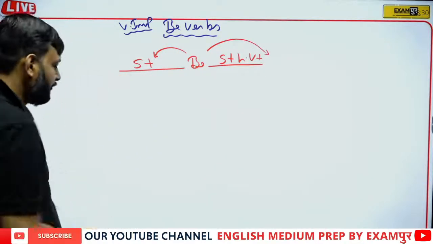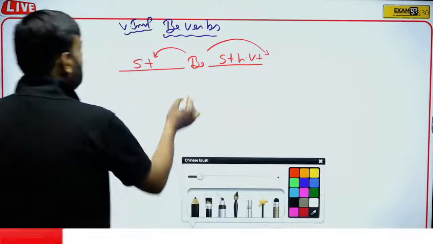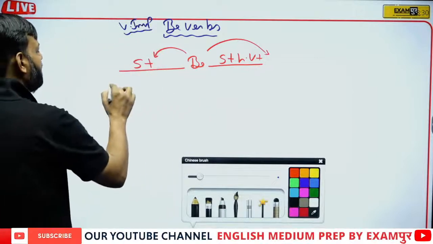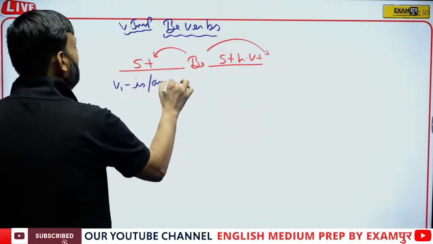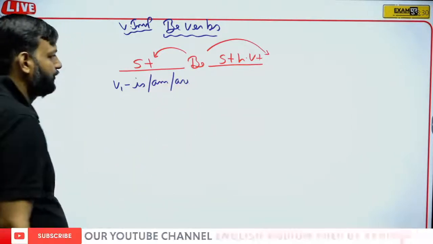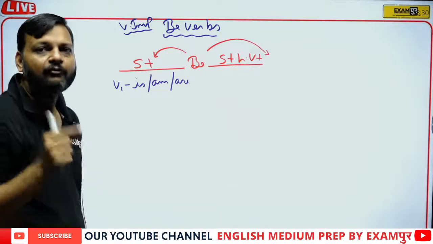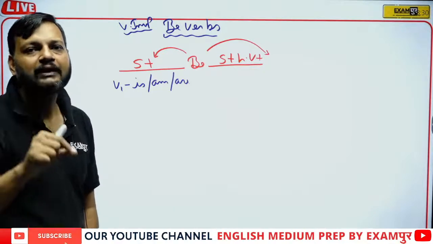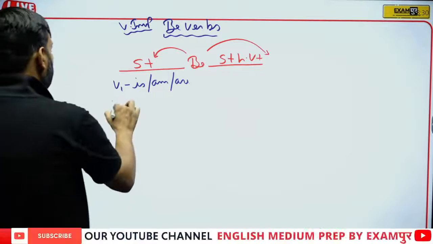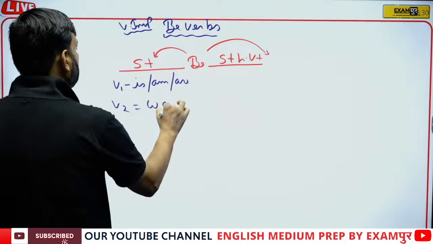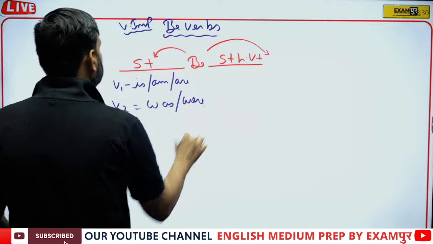Okay, so if be verb is right after subjects, its first form would be is, am, are. And second form is was and were.